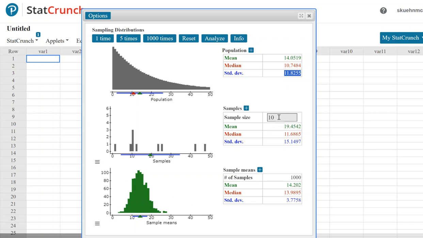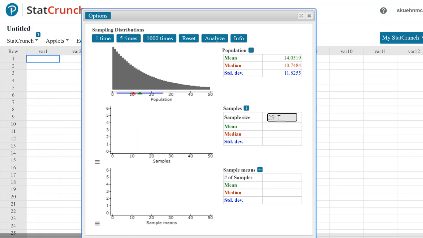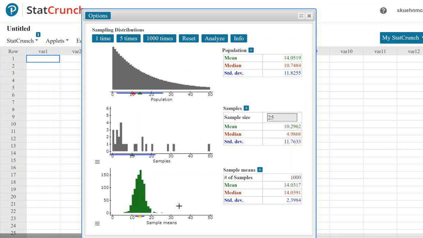In fact, if I were to change my sample size to, I don't know, let's change it to 25 and just see what impact that has on our 1,000 samples, you'll notice here that we've got a really good looking normal shape for all of those sample means. Remember, this is the histogram for all 1,000 different sample means that we are pulling from a population's distribution, which was skewed.